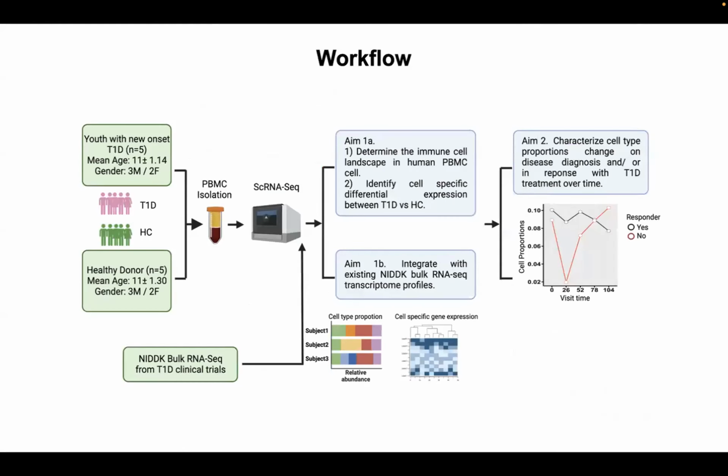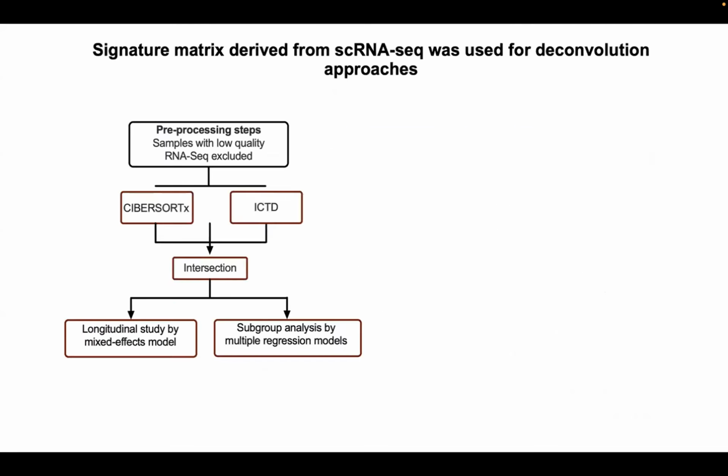For the second aim of the study, we will do deconvolution and correlate the cell type proportions with the change of T1D status and also the drug treatment response. Just to show some preliminary research progress on this part, right now we are processing public data with 2 tools.